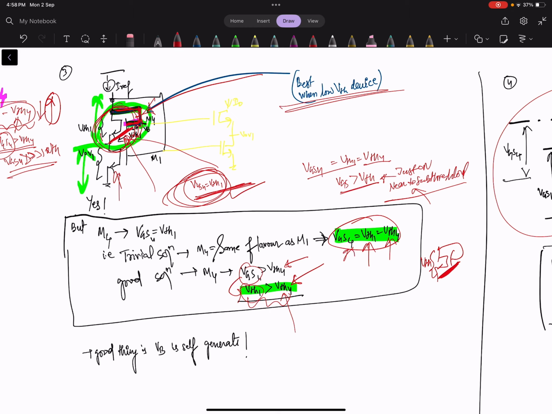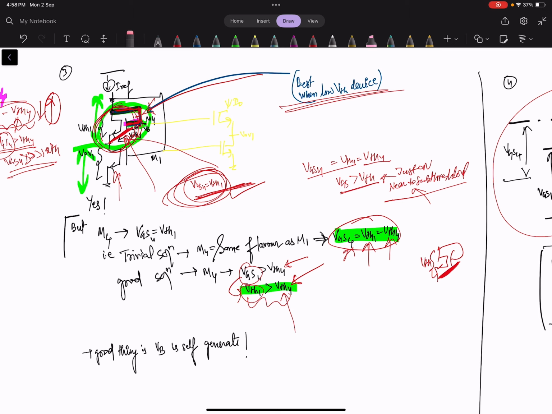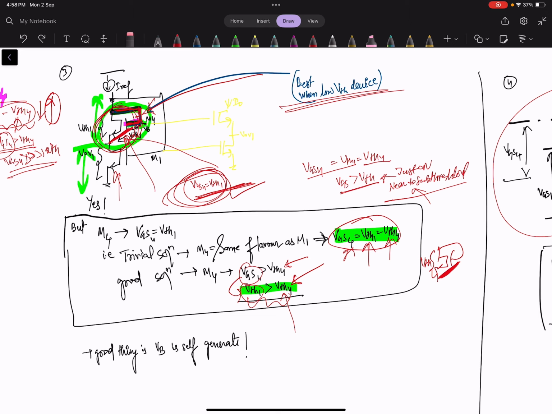In this case both M4 and M1 are the same flavor device, but if we have the flexibility to change the flavor of the device, then a lower VT device for M4 will be better. Why? Because then VGS1 will be greater than the VTH4, so there will be some margin for the VGS available.